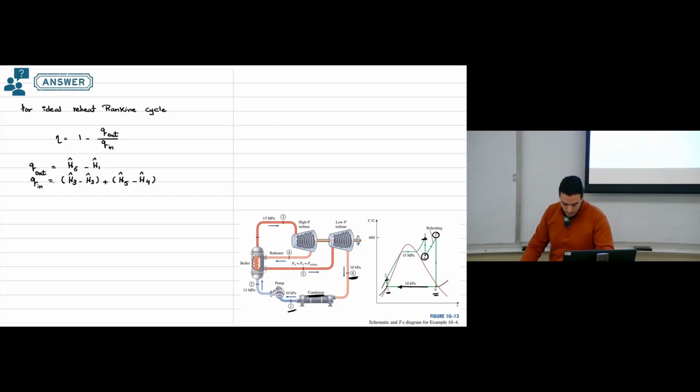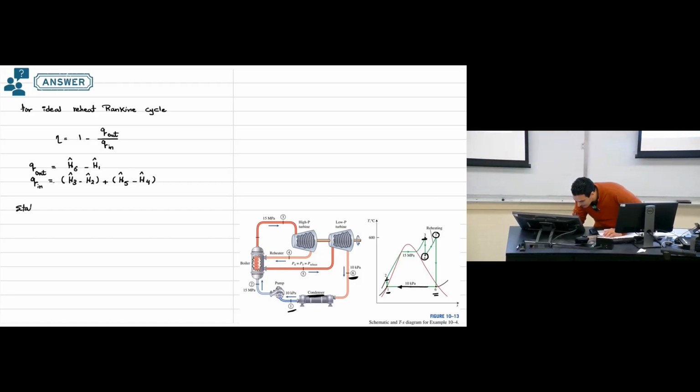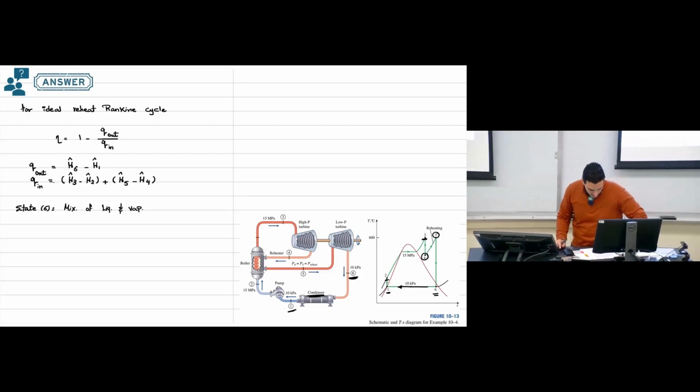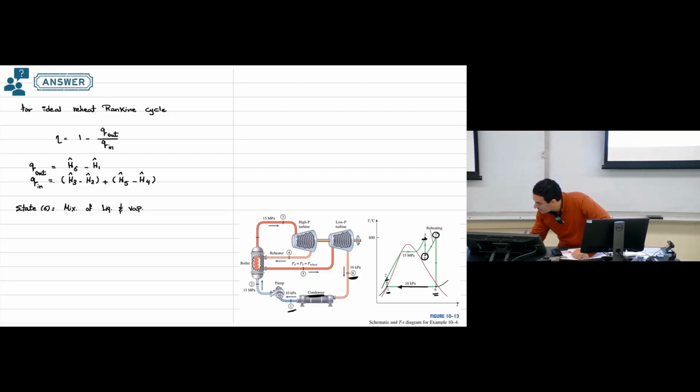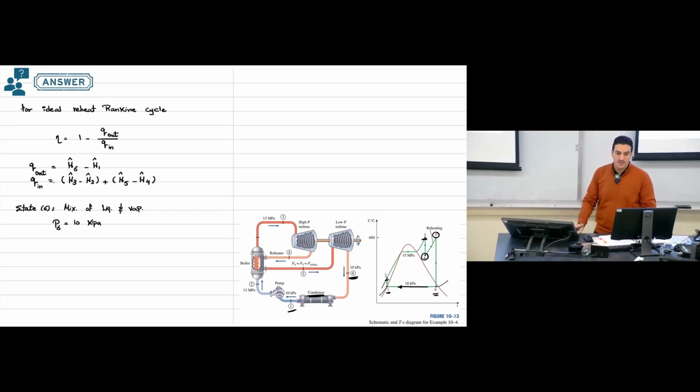If we start with state 6, we have a mixture of liquid and vapor. The pressure at this point is 10 kilopascal, because he said the condenser pressure is 10 kilopascal.